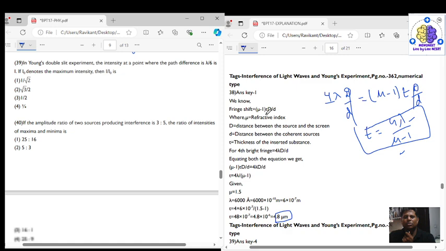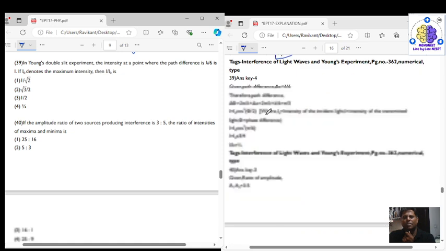Now coming to question number 39. Question number 39 says that in Young's double slit experiment, the intensity at a point where the path difference is lambda by 6 is I. That is, they are saying that delta x is equal to lambda by 6. Now, if I naught denotes the maximum intensity, then I upon I naught is.